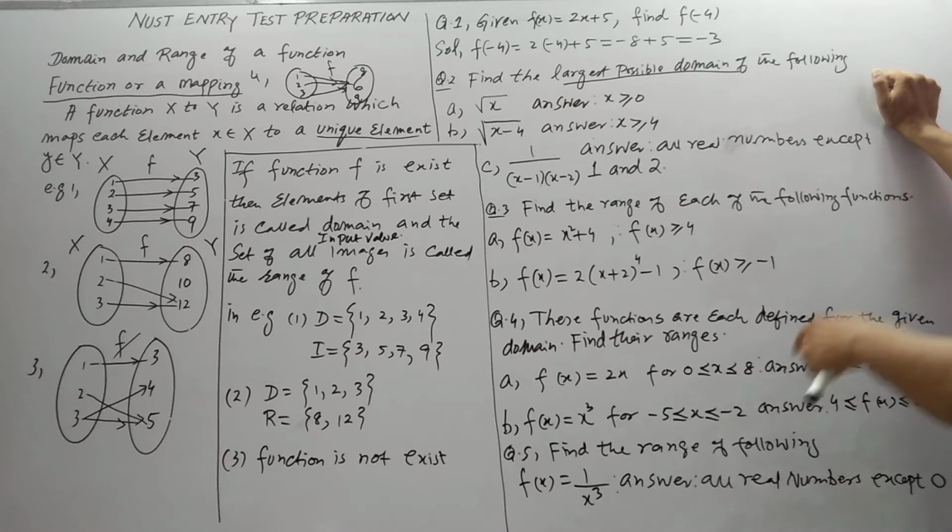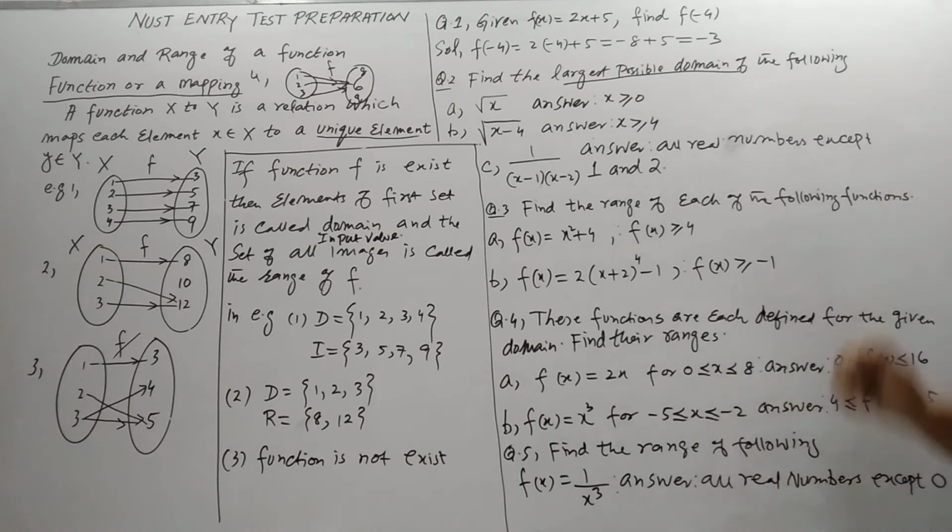If you put -2 over here, the answer should be -8. Kindly wait please. I just want to recheck this question again. I need only 1 minute to finalize this question. What is the question? -5 to -2. Yes.